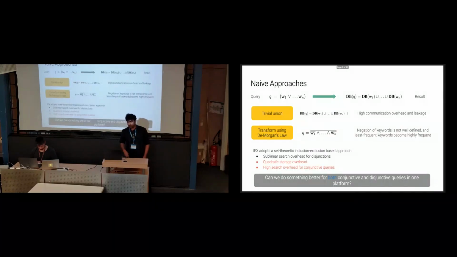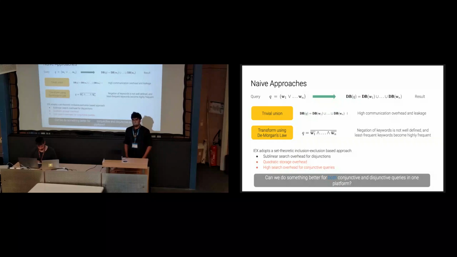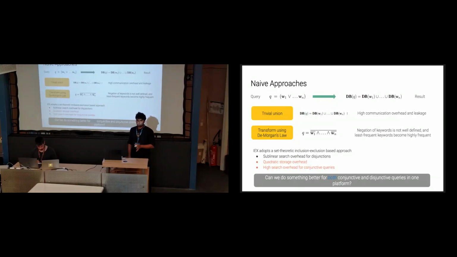storage. So naively, if we want to process disjunctive queries with SSE, we can compute the trivial union of the keywords in the query, but that is very inefficient and prone to leakage. Otherwise, we can transform the disjunctive query into an equivalent one using De Morgan's law, but that is also very inefficient, the negation of keywords is not well understood, and the distribution of the keywords also changes in the database, which is problematic in query processing.